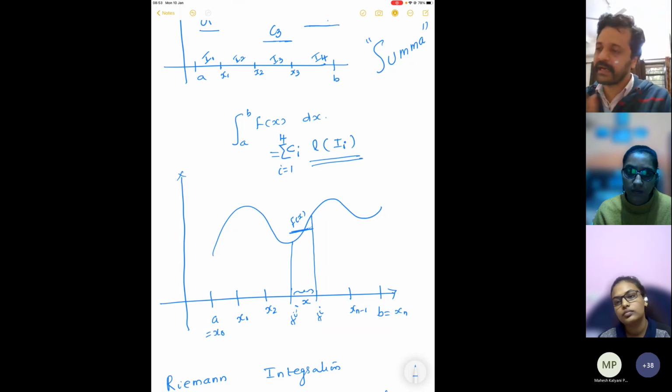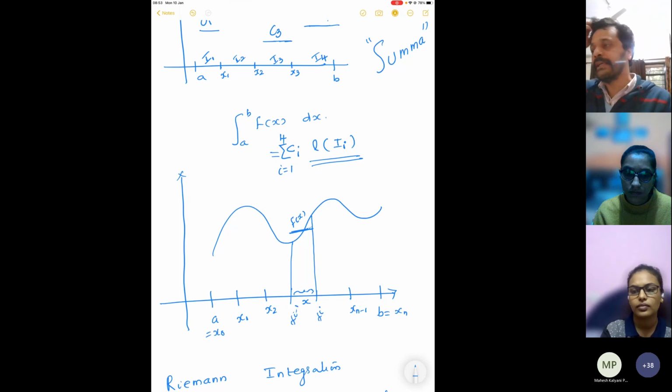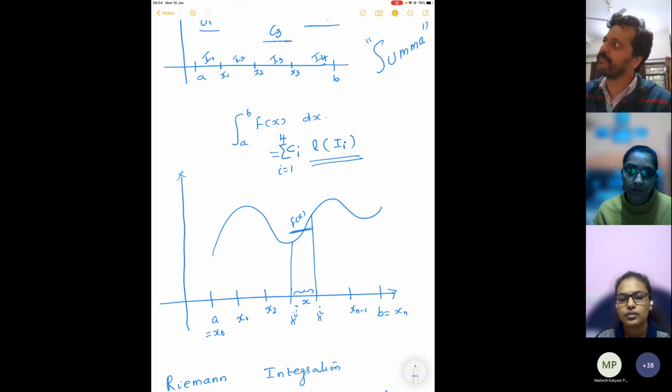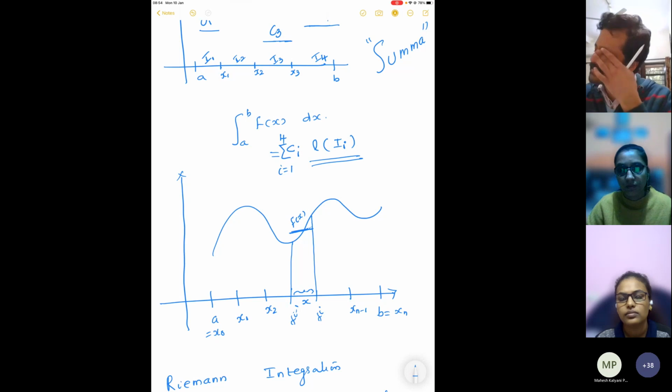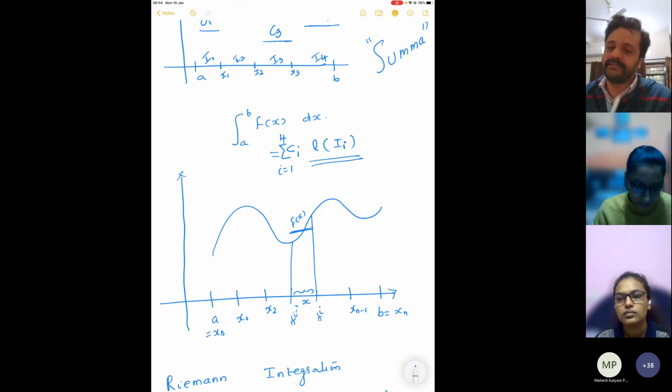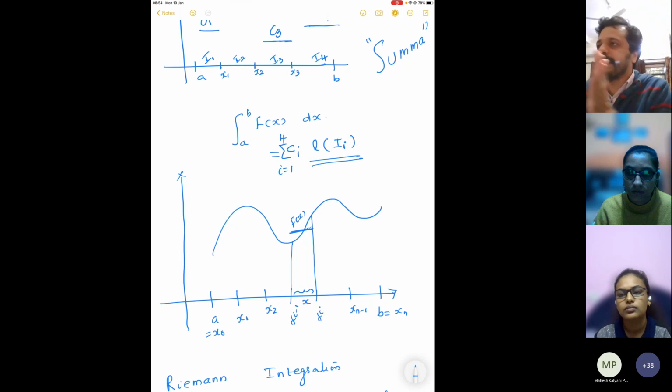There are several currency notes of different denominations. There are some 500 rupees notes, there are some 100 rupees notes, and so on. They are neatly packed, let us say. Now you want to find the total amount available in that whole bundle.